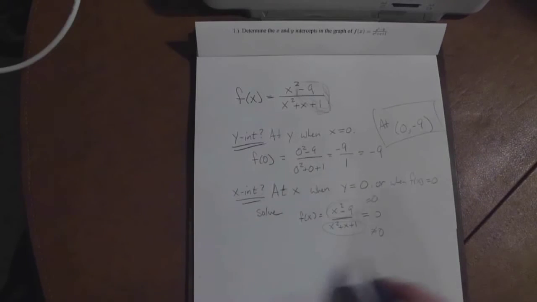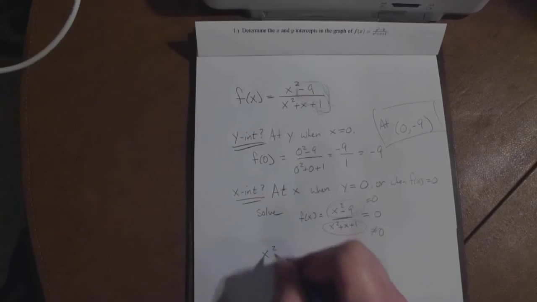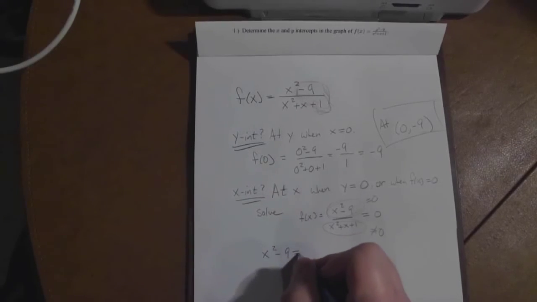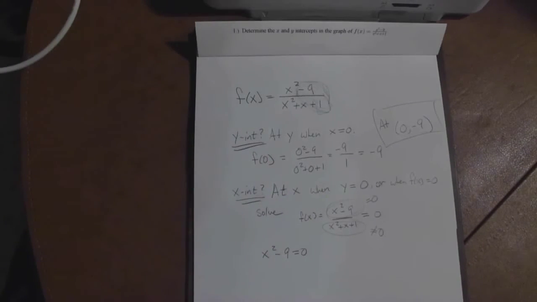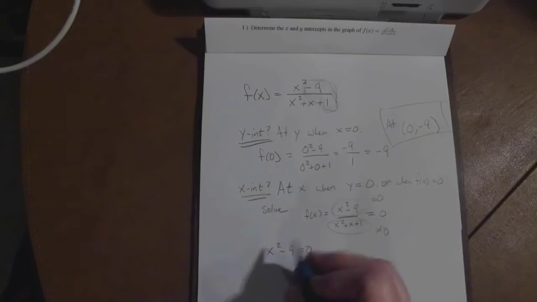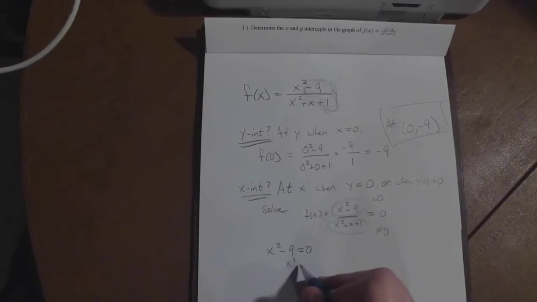So to solve this, we are just going to take our numerator, x squared minus 9, and set it equal to 0. We have a quick way of solving that. We can add 9 to both sides, so that produces x squared equal to 9. Then, to remove the square on the left-hand side, we can take the square root of the left.